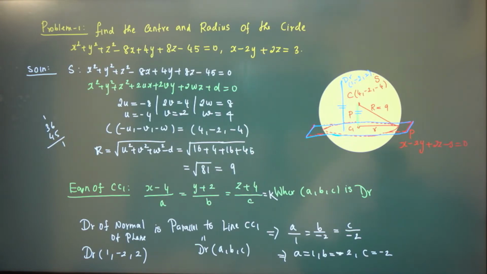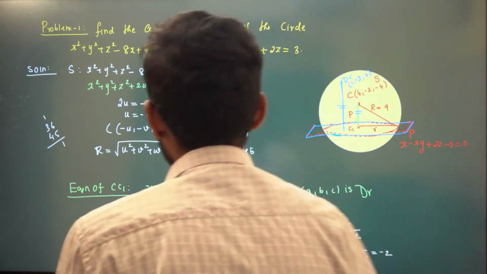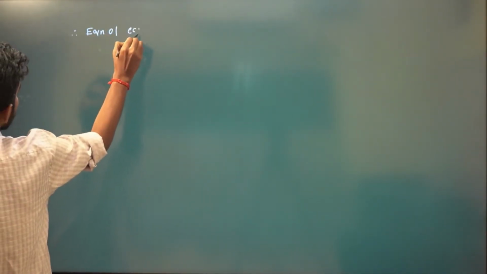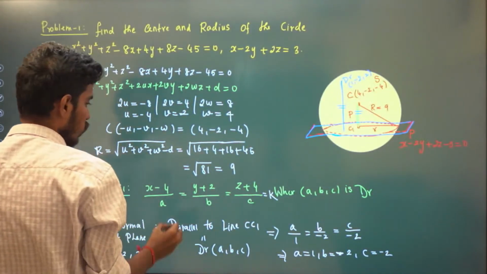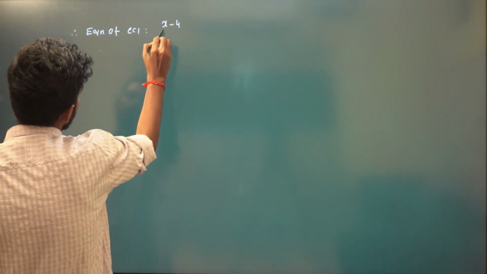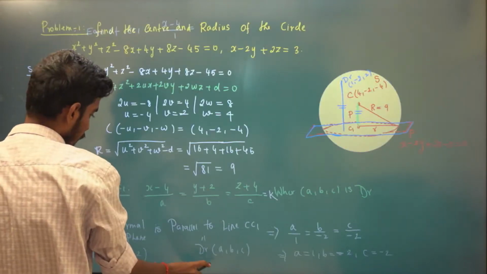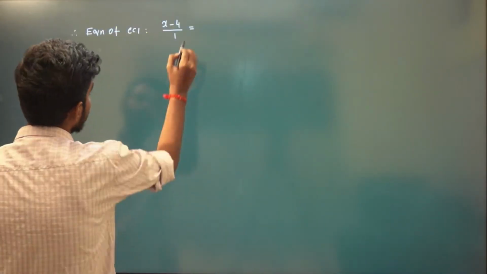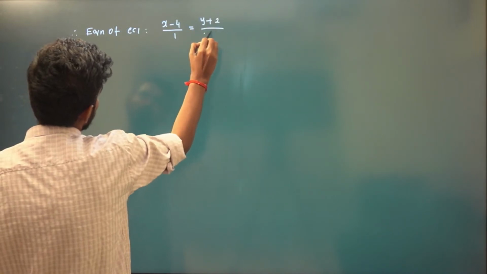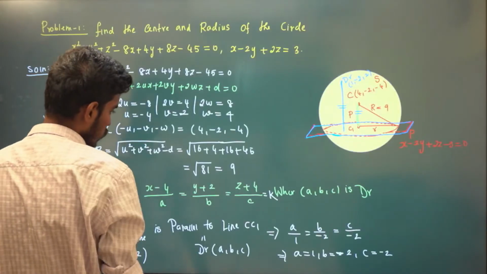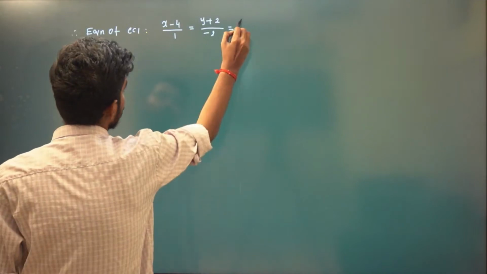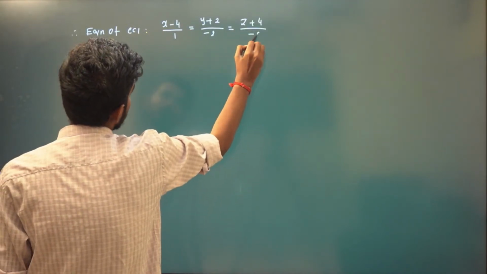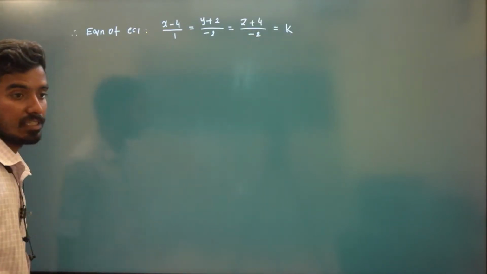Therefore the equation of CC1 is given by x minus 4 by 1, y plus 2 by minus 2, is equal to z plus 4 by 2. So this is the equation of the line CC1.